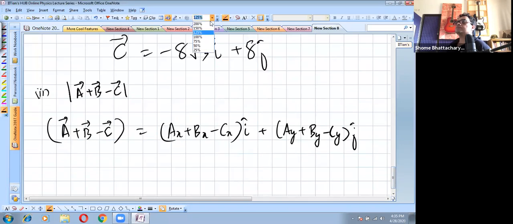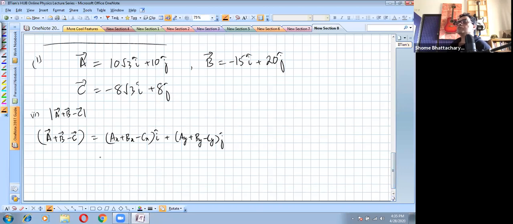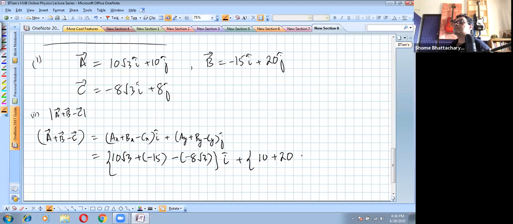Okay. So now we just import the values from above. AX is 10 root 3, plus BX. Now BX is a negative quantity, so it's minus 15, but minus of CX, and CX itself is a negative quantity, so that minus minus will become plus. So this whole thing becomes AX plus BX minus CX. And similarly, AY is 10, BY is 20, and CY is 8.